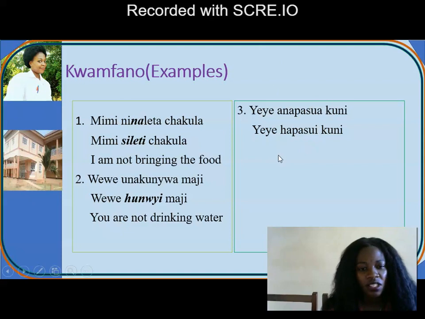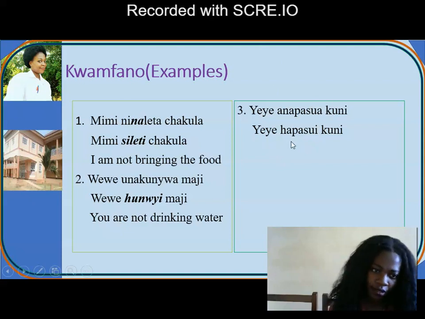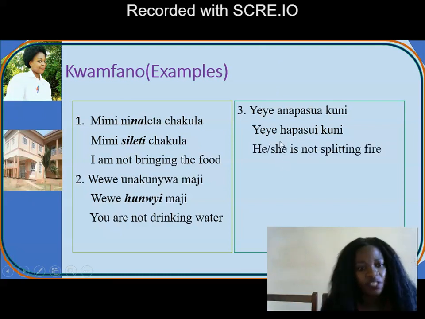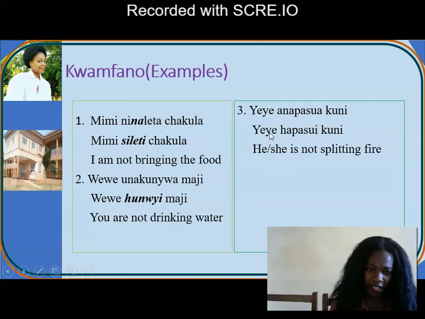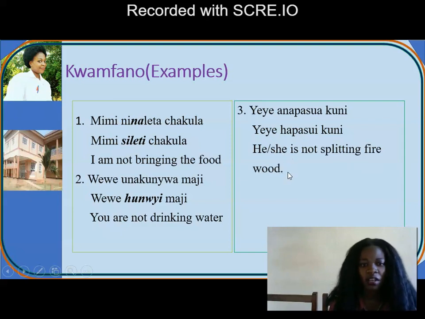Thus, the whole statement will be yeye hapasui kuni. He or she is not splitting firewood. I'm putting the two alternatives so that I can show you what it means. So don't put all the pronouns. Choose one and construct a sentence.